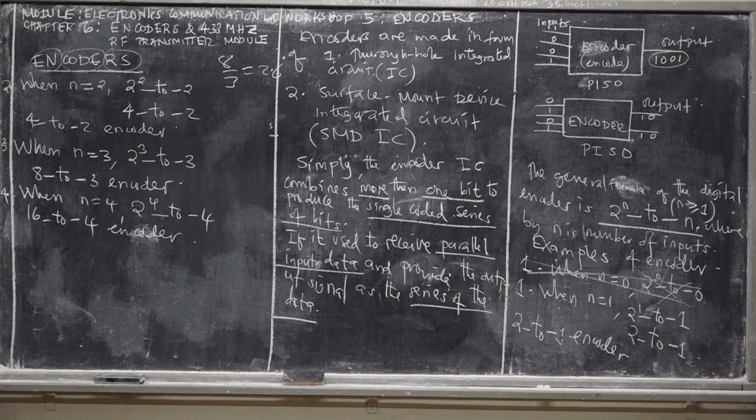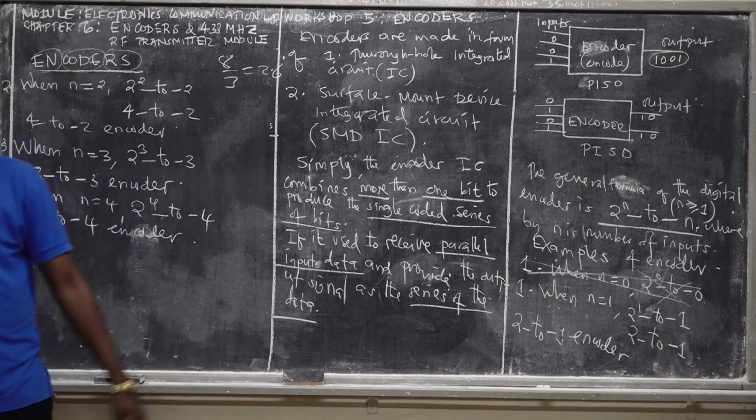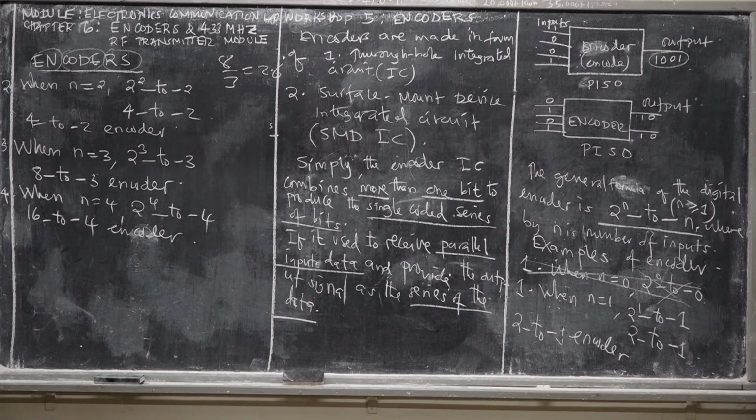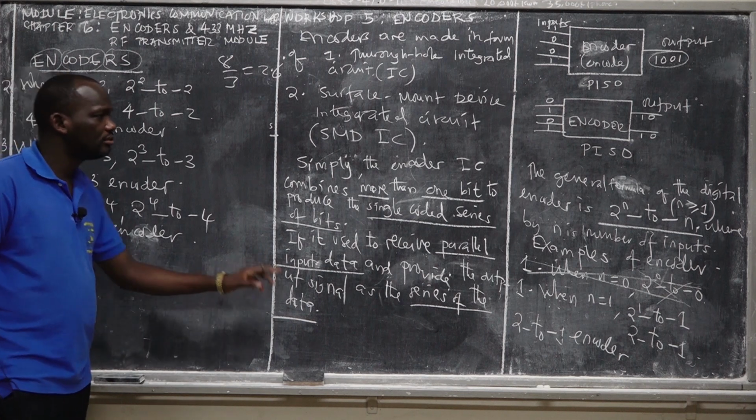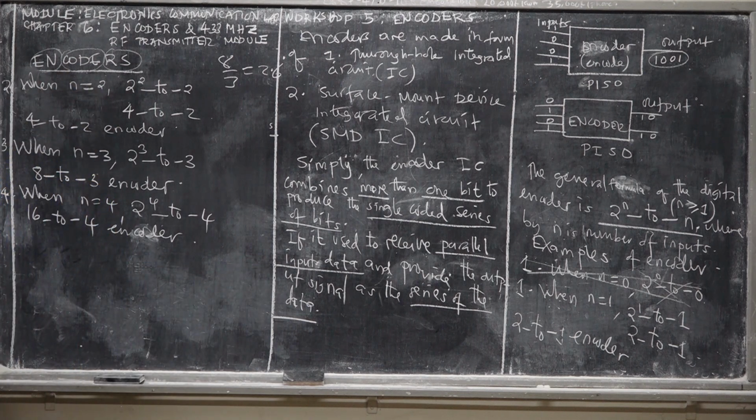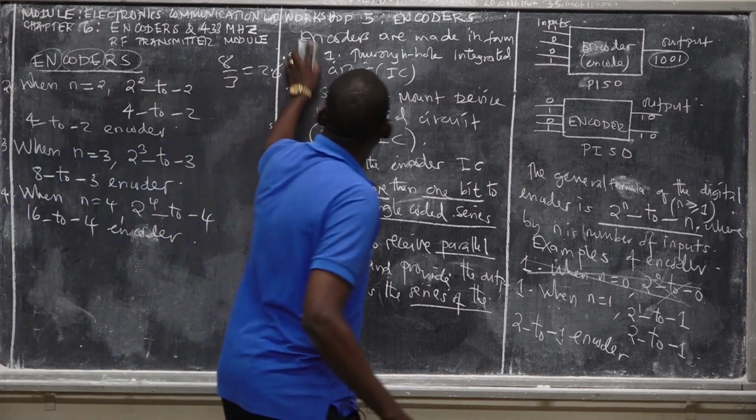For instance, the encoder that you're going to learn has 4 inputs, and hence the output is just 1. So you may supply 4 bits in parallel, but the outputs will be given out by using one output. Okay? Are we together?